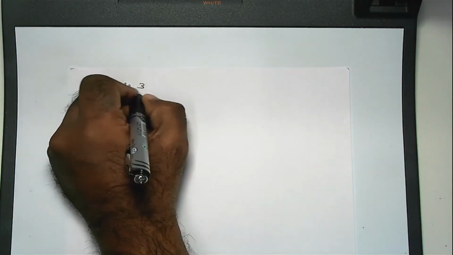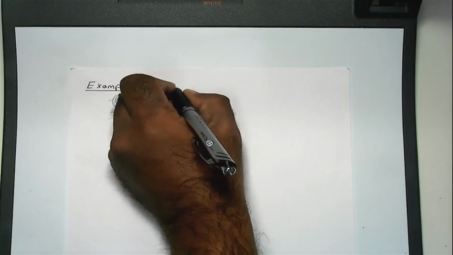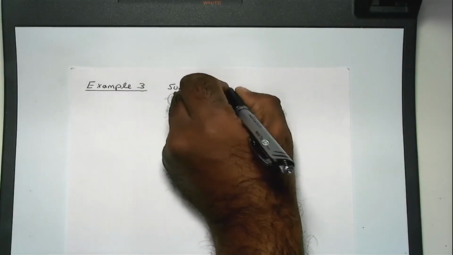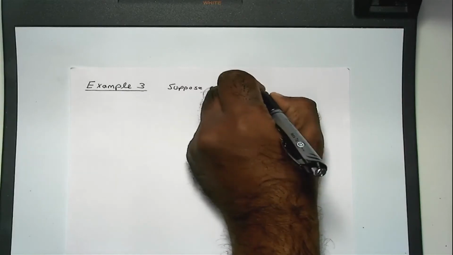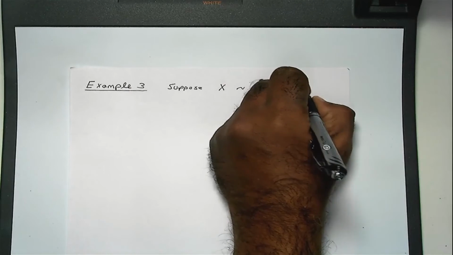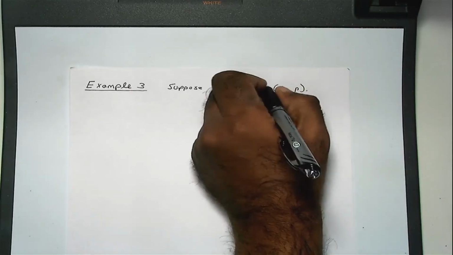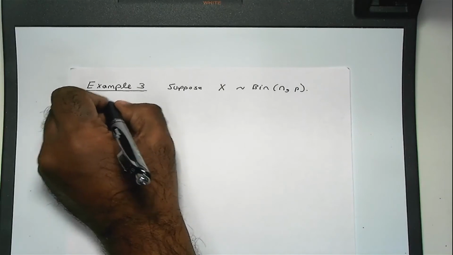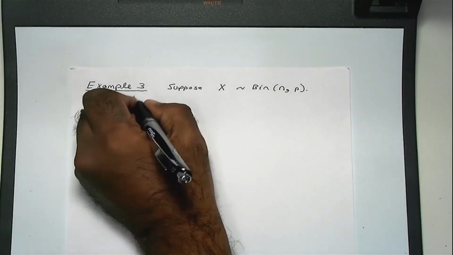Suppose a variable x has a binomial distribution with parameters n and p.